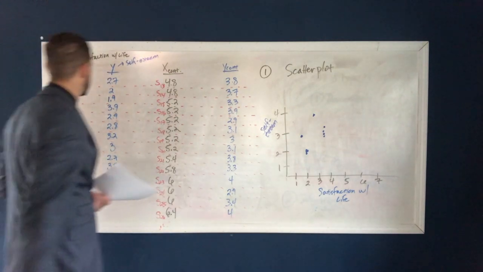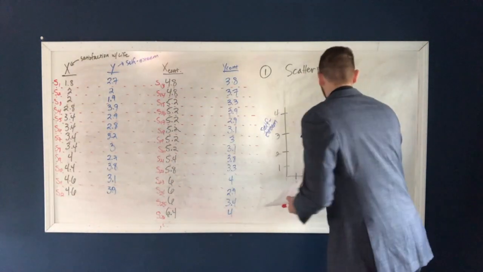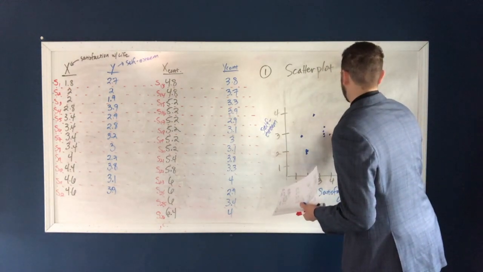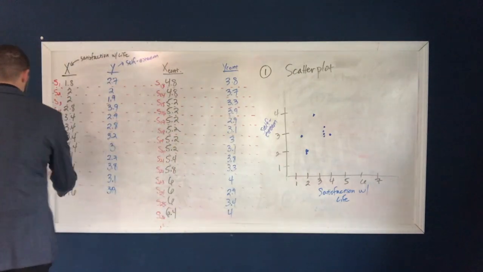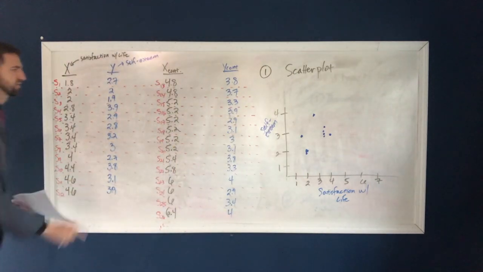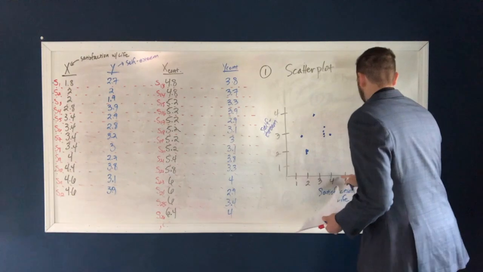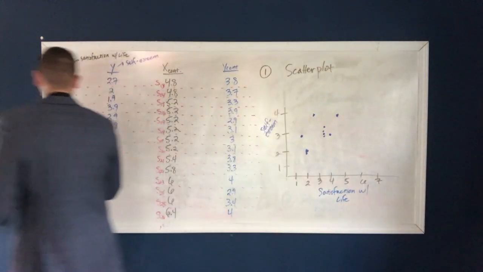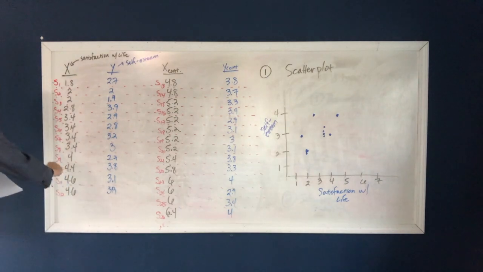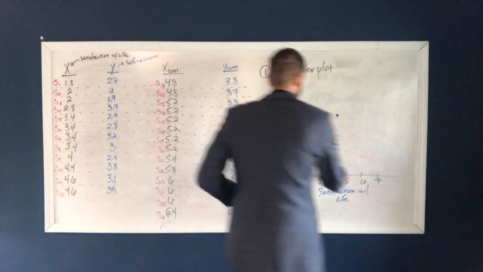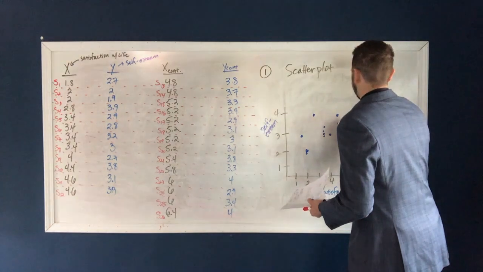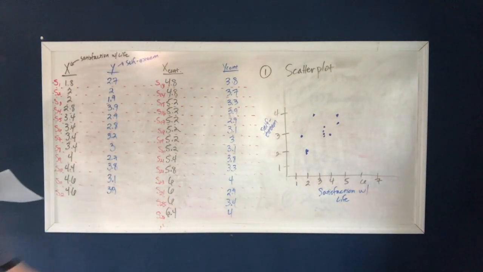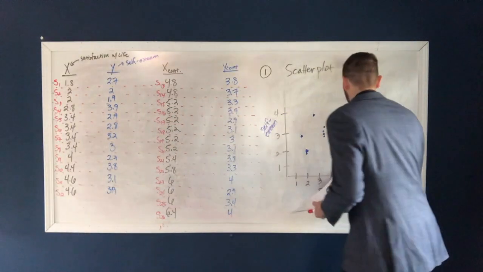Subject 9 is 4 and 2.7. Somewhere like there. Subject 10 is 4.4 and 3.8, somewhere around there. Subject 11 is 4.6 and 3.1. Subject 12 is 4.6 and 3.9.